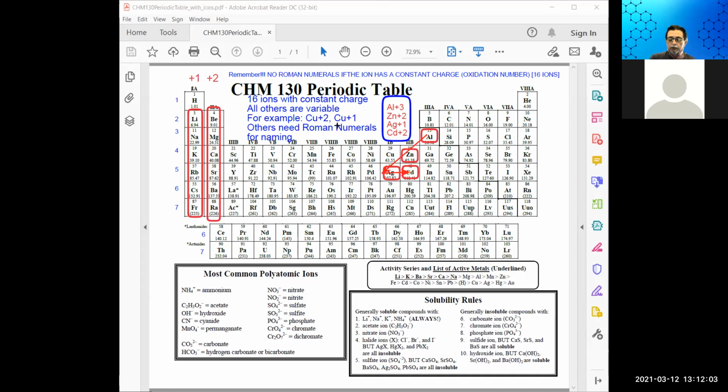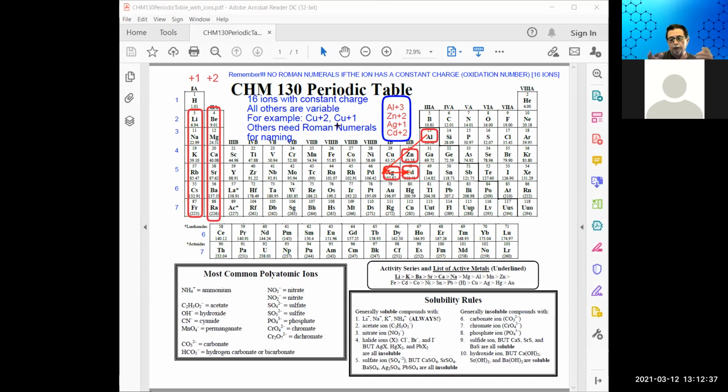For example, written in blue there, copper. There are 2 states of copper oxidation numbers. Well, actually 3, because the one all the elements have in common is 0 when they're an element. But copper can lose 2 electrons and have a +2 oxidation number, or it can lose 1 electron and have a +1 oxidation number. To distinguish the two, the old way of naming these used cupric and cuprous, which is fairly ambiguous, so that has been taken away.